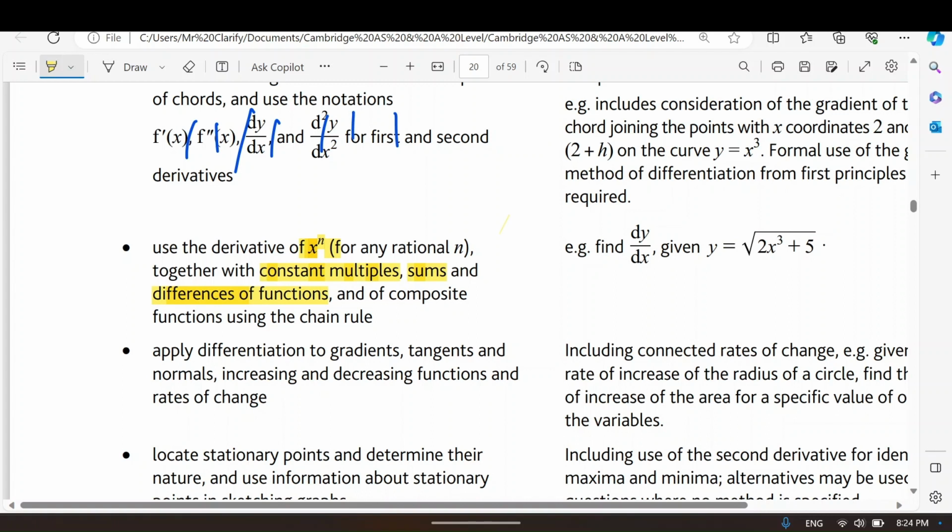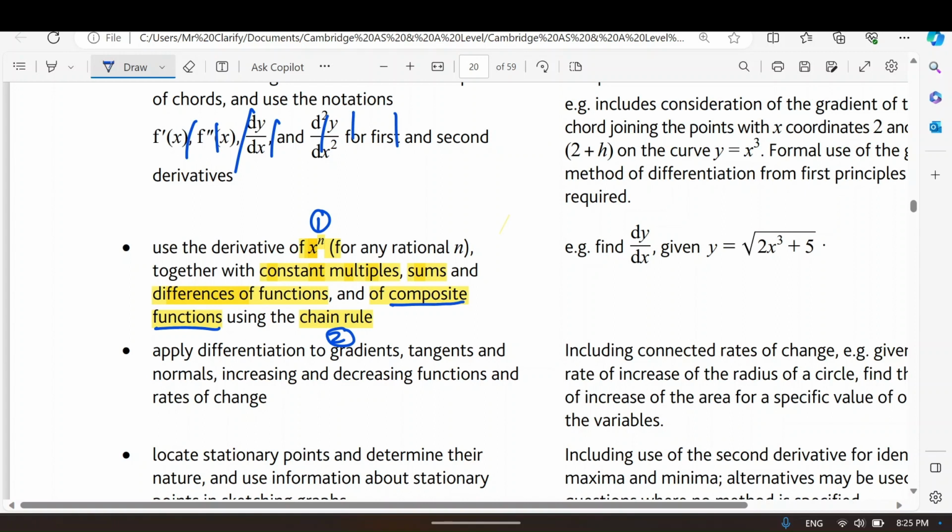We're still going to be applying the power rule to those situations. Then it says, and of composite functions using the chain rule. So if I put numbers on rules, the power rule is first, then the chain rule is second. And where does the chain rule work? On composite functions, which means the function of a function.